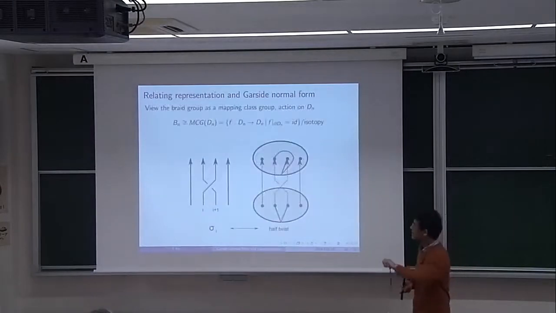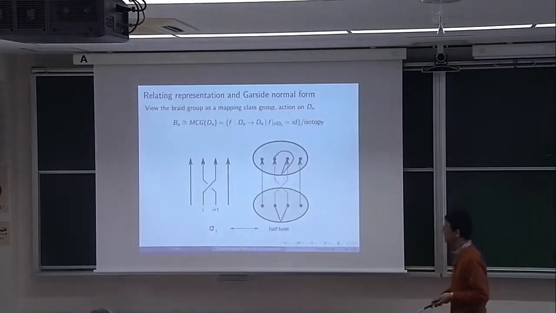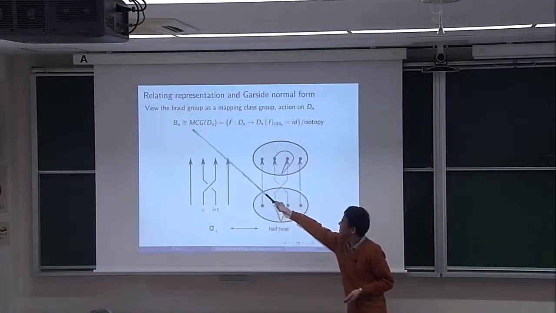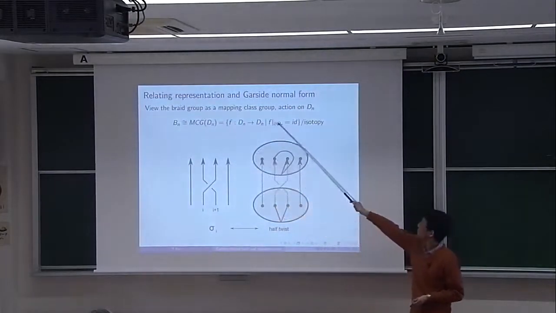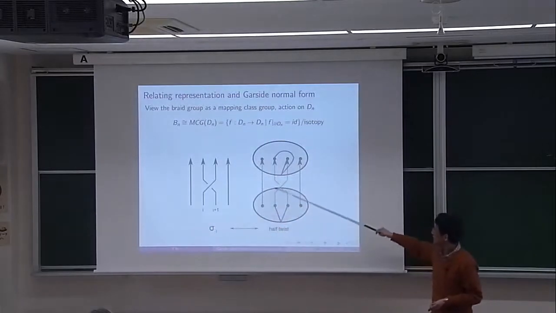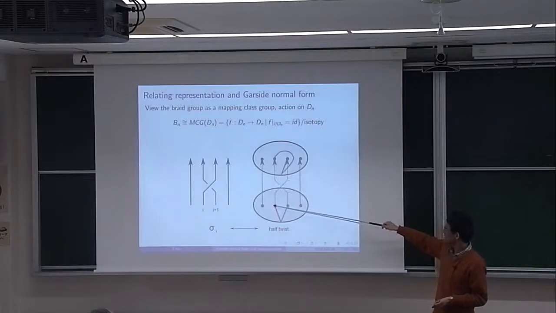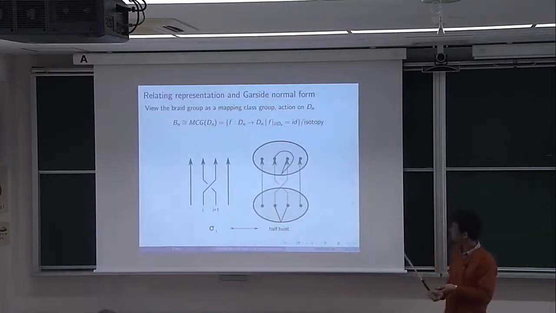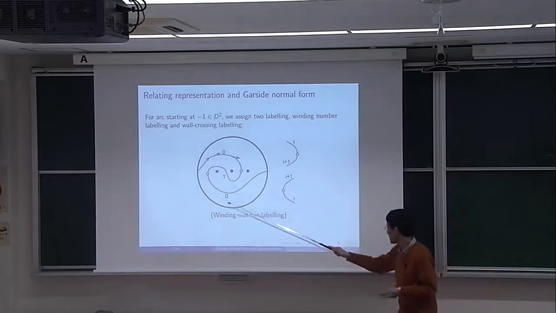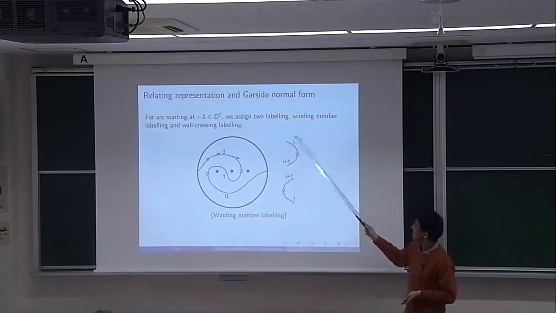So for the dual Garside case, we use another approach. As is well known, the braid group is identified as the mapping class group of the n-punctured disk. Sigma 1 corresponds to the half twist of the disk. For a curve inside the disk, we assign labelings in this way.